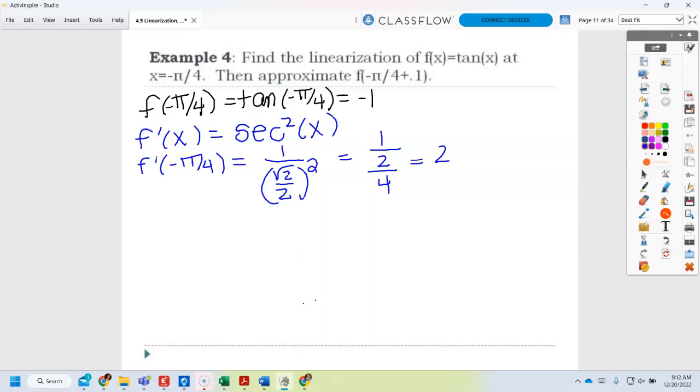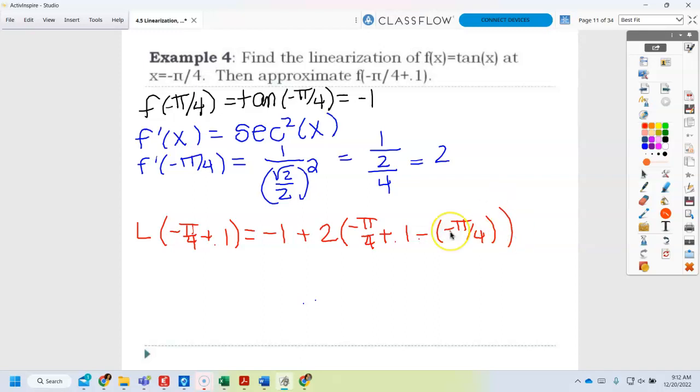My point A is -5/4 and -1. So my L of x at -5/4 plus 0.1 is f of a, -1, plus f prime of a, 2, times my new point we're investigating, -5/4 plus 0.1, minus the point we used to start, -5/4. So what happens when you have minus a minus?